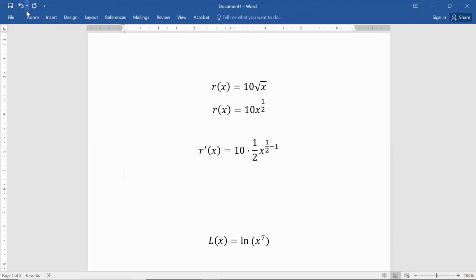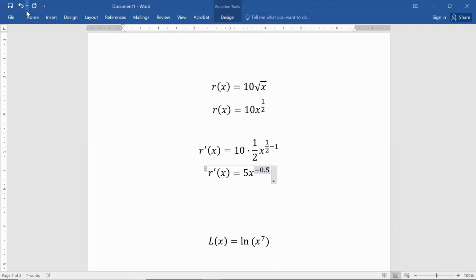So I am going to take my derivative and clean that up a little bit and call that 10 times 1/2 is 5. X to the 1/2 minus 1 is actually -1/2 or -0.5. If you use decimals or fractions, it's fine with me.